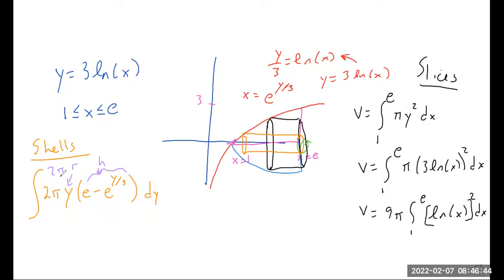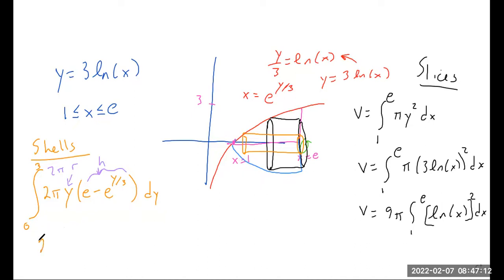All right, so here's our 2 pi r h. Now we're still not quite done with this integral, right? We need our bounds, but those are going to be our y values. And we already know our y values go from 0 all the way up to 3, because that's what we got when we plug in these. So it's 0 to 3. So let me just make this a little bit nicer.